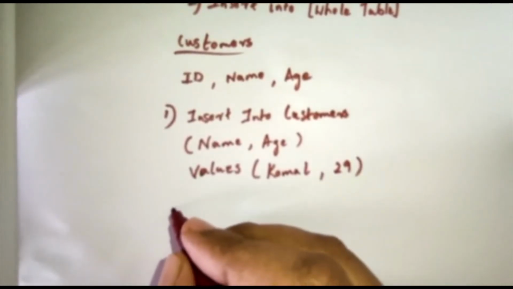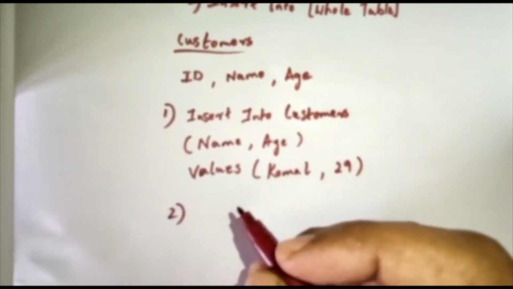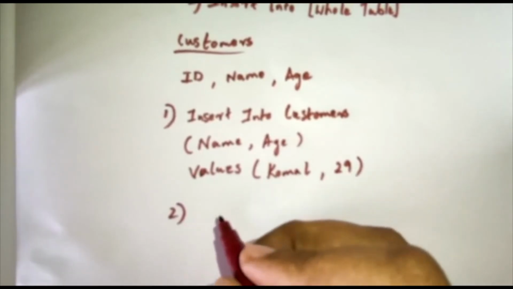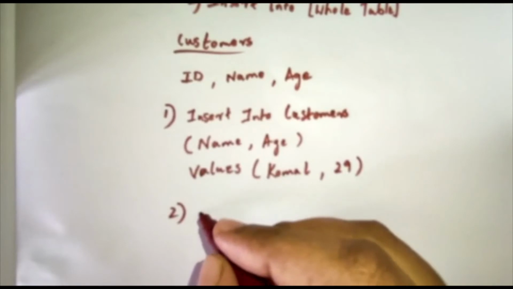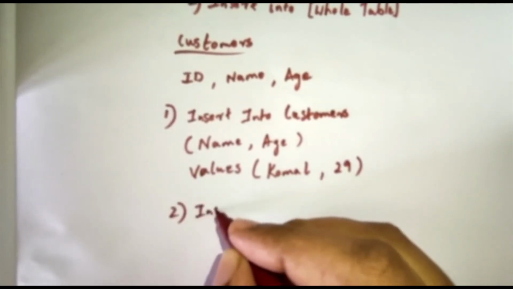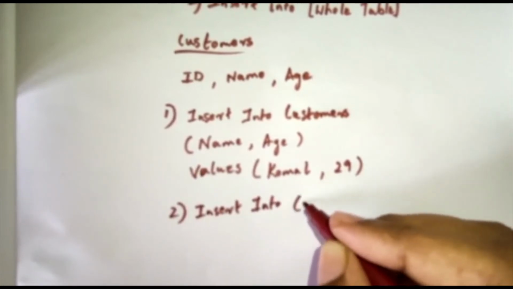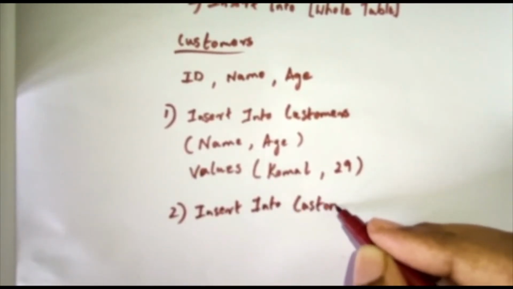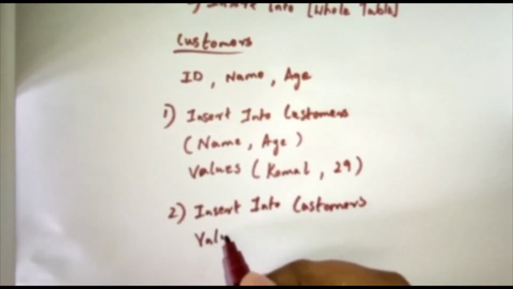And the next way is adding the whole set of data into a table using the insert into statement. So how can it be done? Insert into customers. And what are the values?